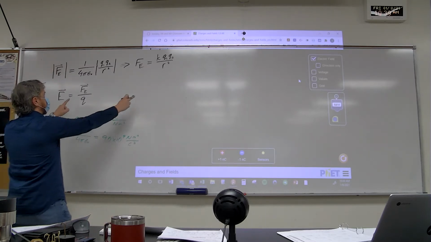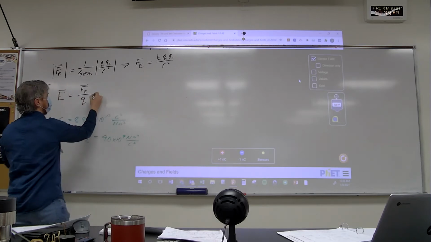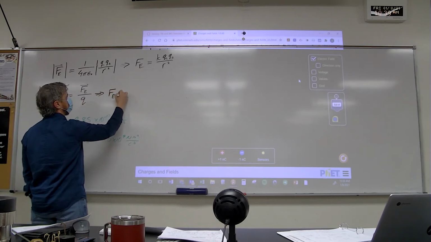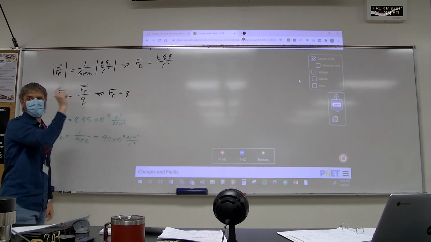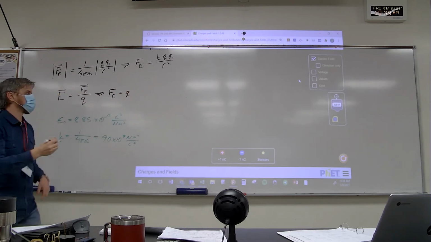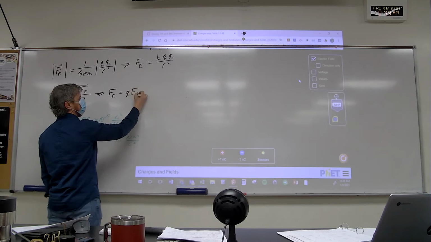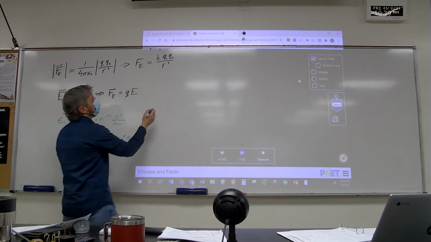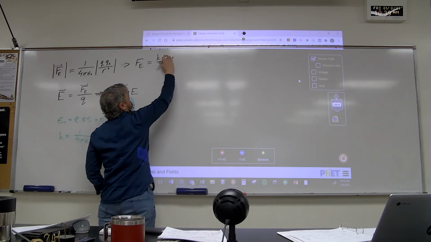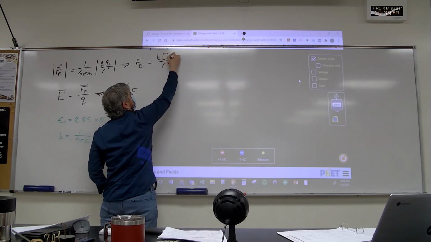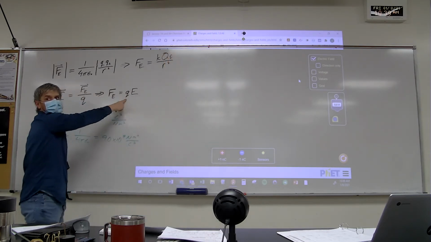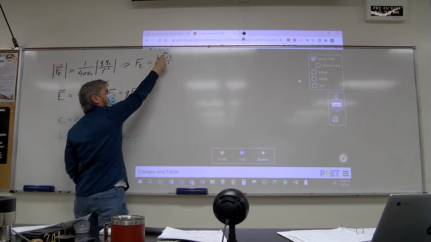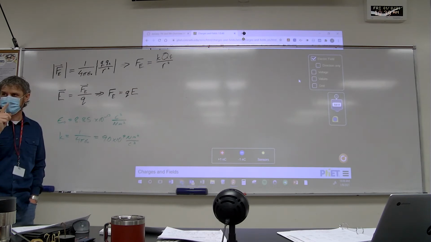So we can just equate these two, rewrite this equation as the electric force is equal to the small charge, right, that's placed within the field, times the electric field that is generated again by Q1, right? And maybe instead of Q1, Q2, I can write big Q, little q, in which case this is little q. This is the electric field generated by big Q. Does that make sense?